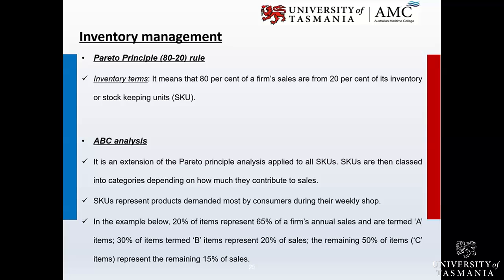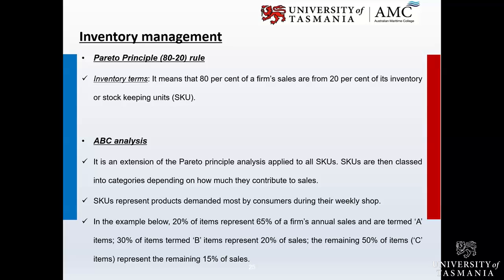We have different approaches. The first is very simple. It is the Pareto principle, or the 80-20 principle. When we apply this principle to inventory terms, it means 80% of a firm's sales are normally from 20% of its inventory.